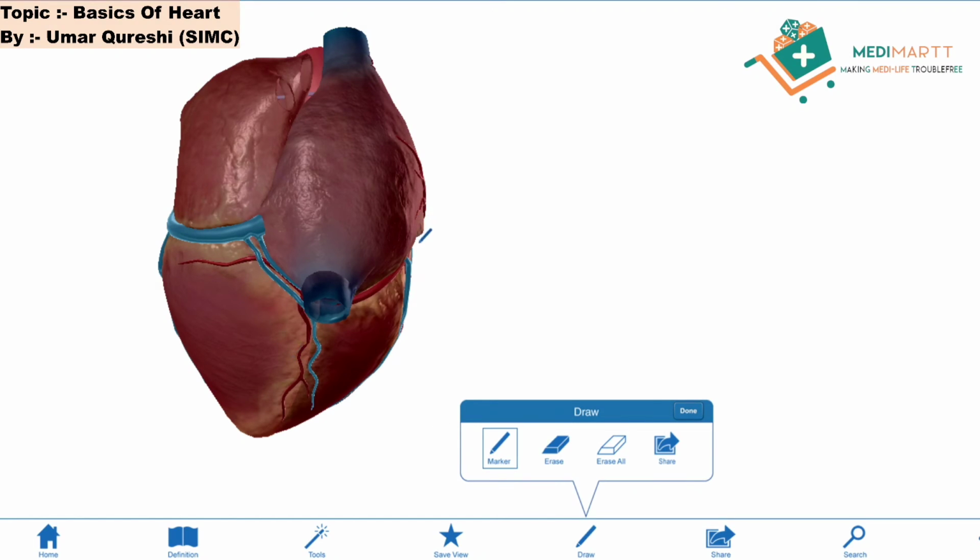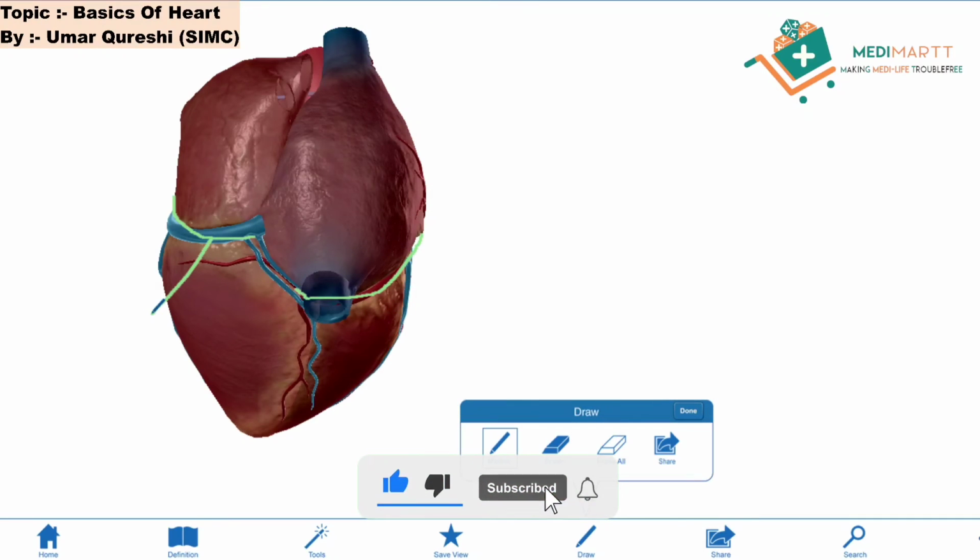Understand this thing: this is the right part, so the right coronary artery will come like that, and this is the left part, so the left coronary artery will come like that. This is the circumflex branch of the left coronary artery and this is the right coronary artery. So these two coronary arteries will meet at one point. That's why it is saying the anastomosis of the right and left coronary arteries.